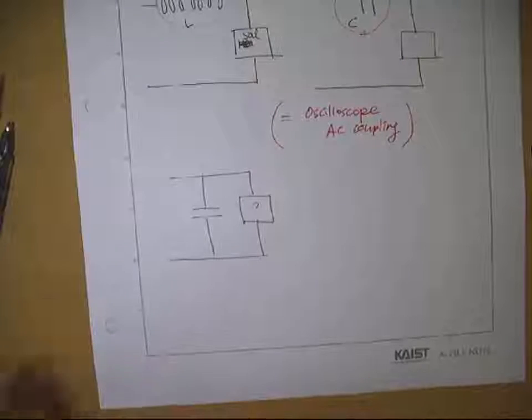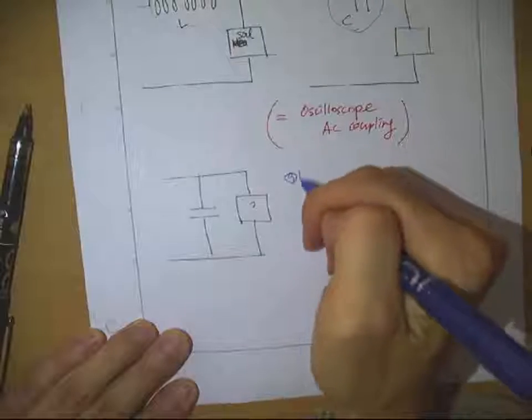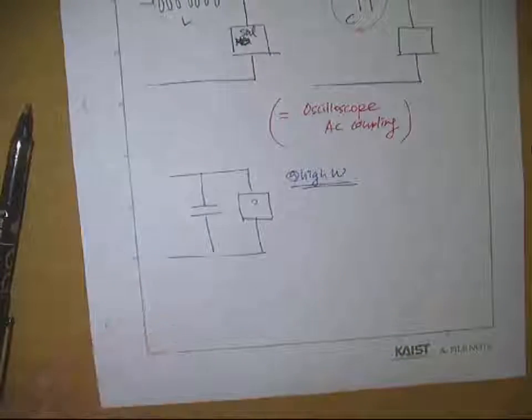What happens at high frequency? As the frequency increases, what happens to the impedance of the capacitor? The impedance decreases, right? So the current can flow very easily through the capacitor.